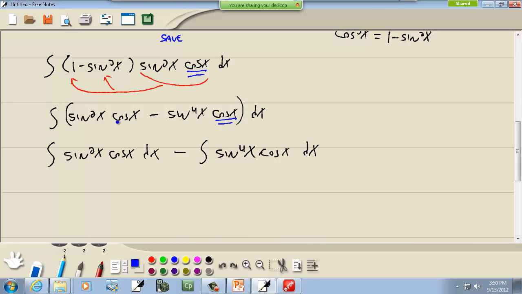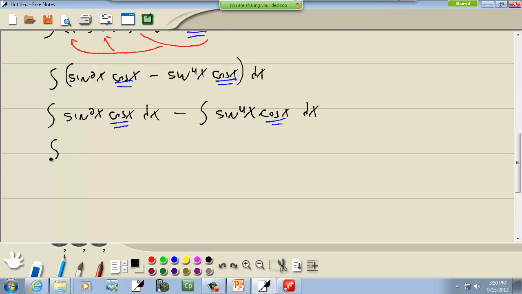And this is our save, save, save, and save. So now I'm going to rewrite this as sine x to the second power cosine x dx minus, and then this one will be sine x to the fourth power cosine x dx.